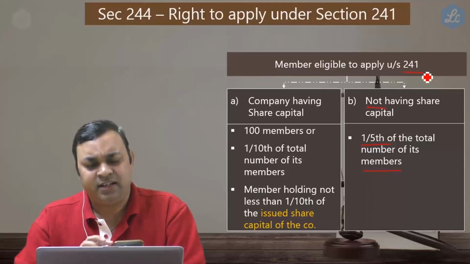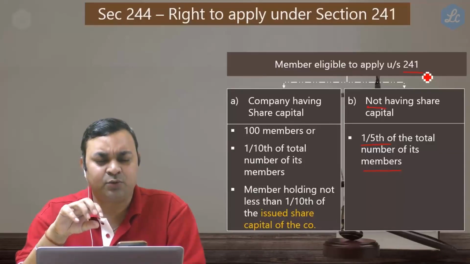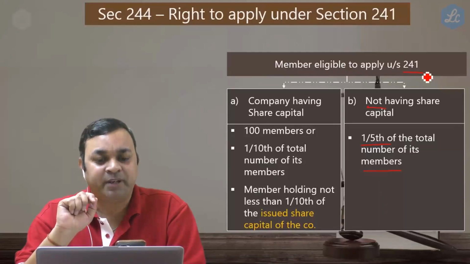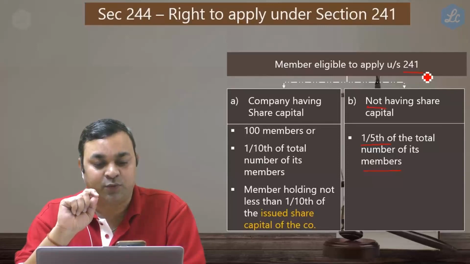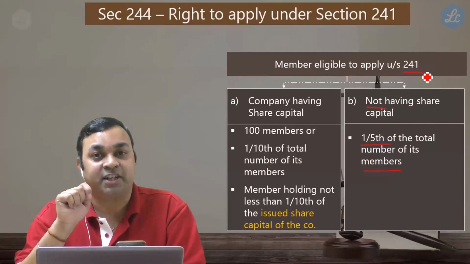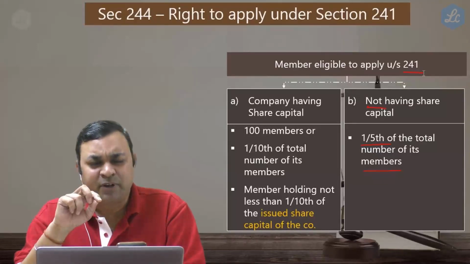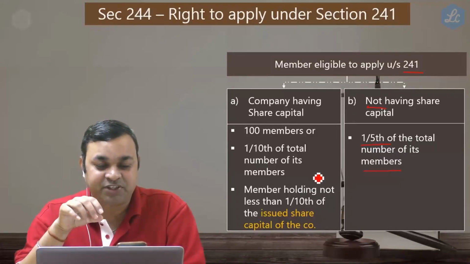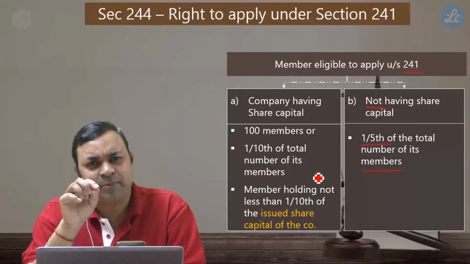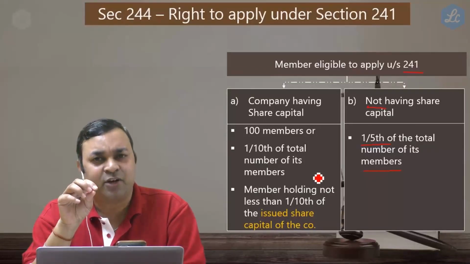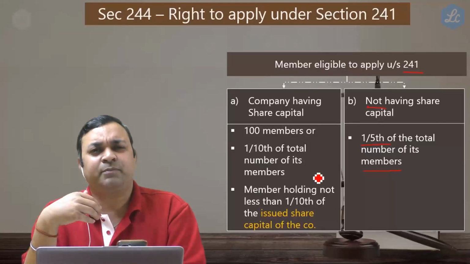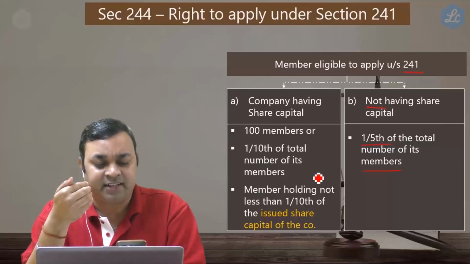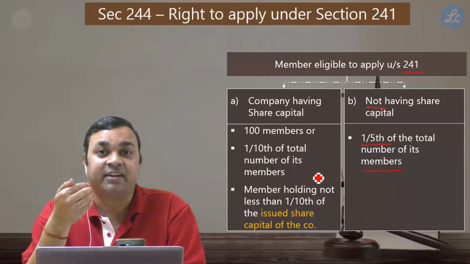Suppose this is the first slide of section 244. Now, for example, 100 members are required to make an application under section 244 in case of a company having share capital. What if the number of members who applied is 99? The examiner will ask a simple question on this, like in the case of ABC Limited, some minority members are treated prejudicially, as the majority members are doing some act that is prejudicial to their interest.